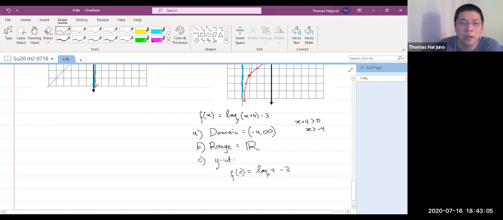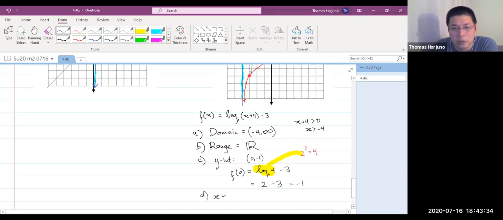Now log base 2 of 4 is, you ask yourself, 2 to what power equals 4? That's how you get the 2. 2 squared equals 4. So 2 minus 3 is -1. So the y-intercept is (0, -1).